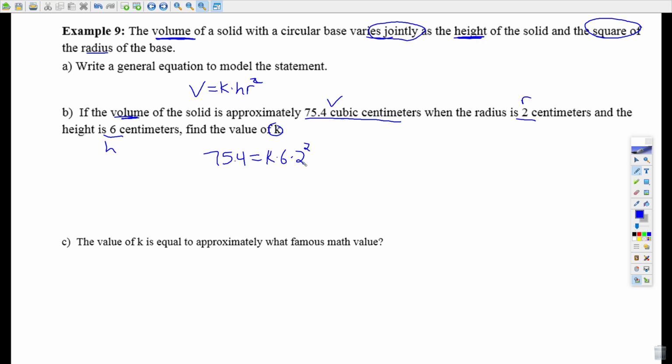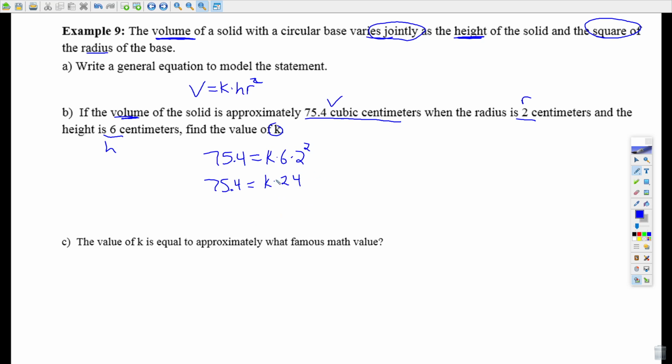This one's actually not too bad, because we can put all this stuff together on this right-hand side, and then we'll get rid of it by dividing. So we're going to do 2 squared, which is 4, times that by 6. So 24 equals 75.4. Put a dot there.